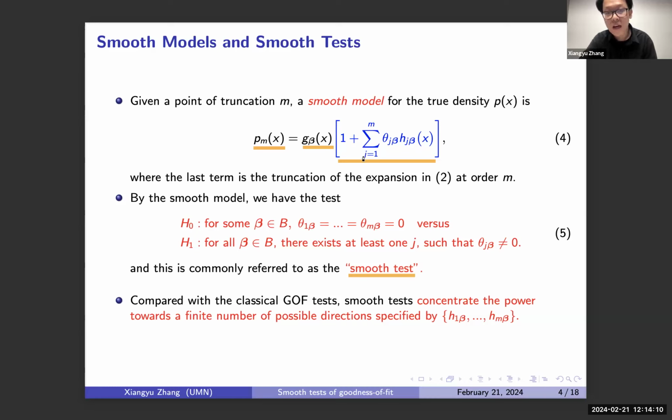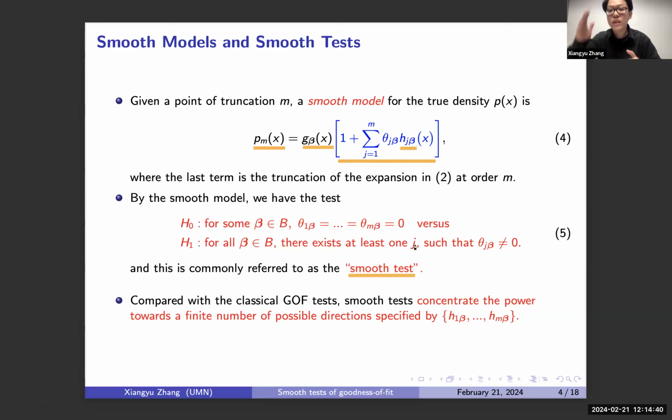That direction is spanned by all of these orthonormal basis functions h_j(β). The smooth test concentrates the power towards this finite number of possible directions specified by these orthonormal basis functions h_1(β) up to h_M(β). That's why we need that expansion.